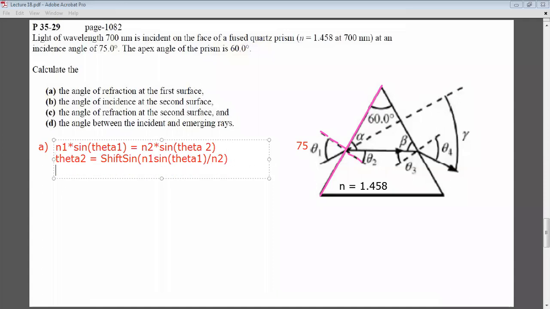If we apply the numbers, theta 2 is the inverse sine of 1 times sine 75 divided by n2, which is 1.458, and this gives me 41.5 degrees.